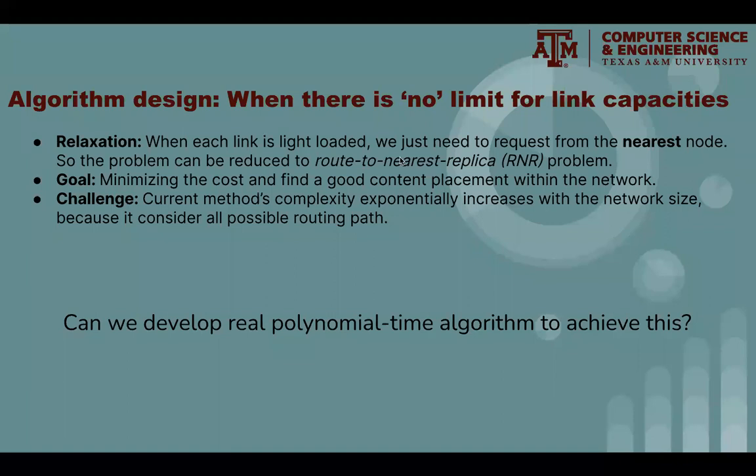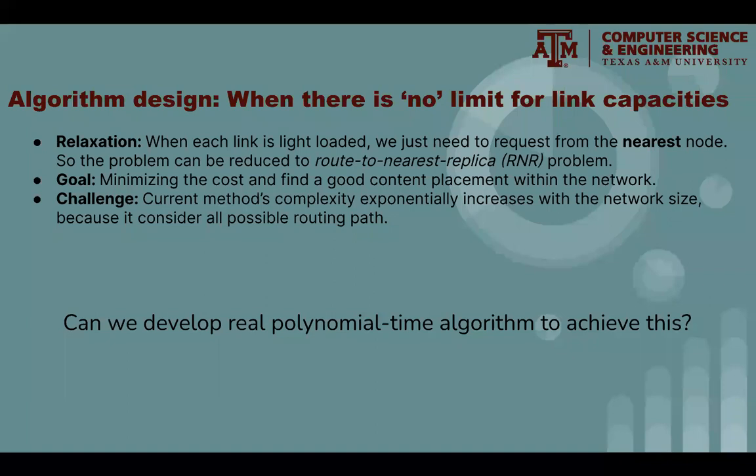So first comes the special case when there is no limit on the link capacities. So the relaxation will be that when each link is lightly loaded, we just need to request from the nearest node. So this problem can be transformed into the route to nearest replica, RNR, problem.